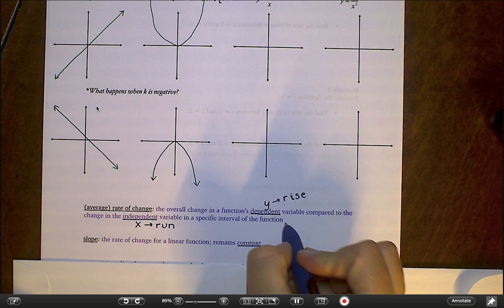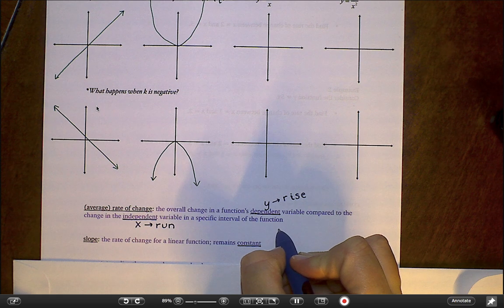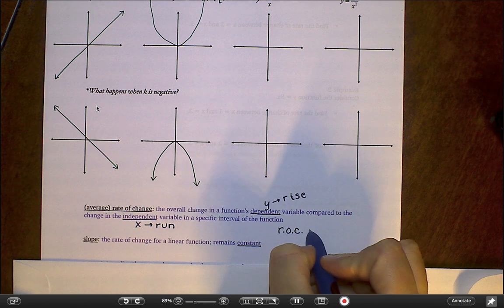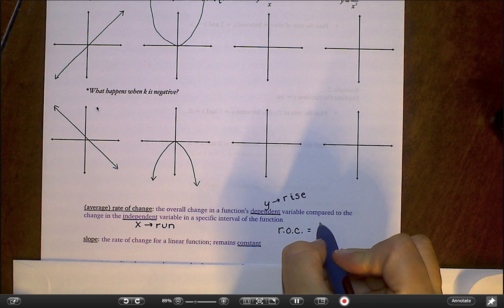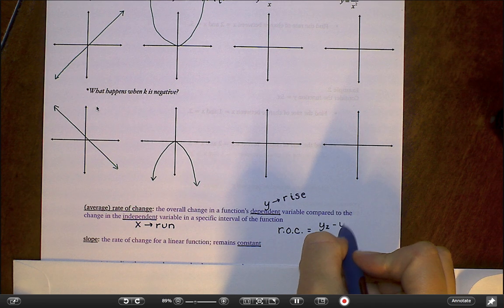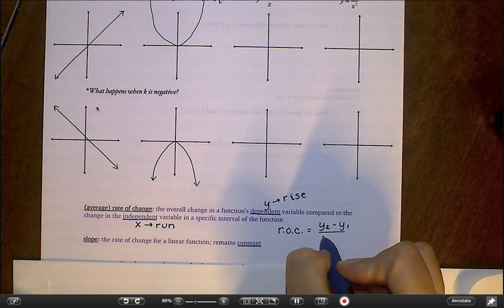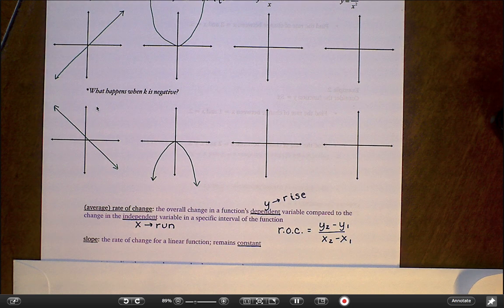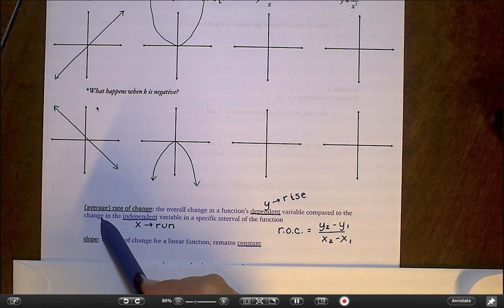And in fact, for both of these things, we're going to say that the formula for rate of change, otherwise known as slope, is y2 minus y1 over x2 minus x1. And I think you've seen that before. I hope that you've seen that before. So this is the formula we're using to calculate rate of change.